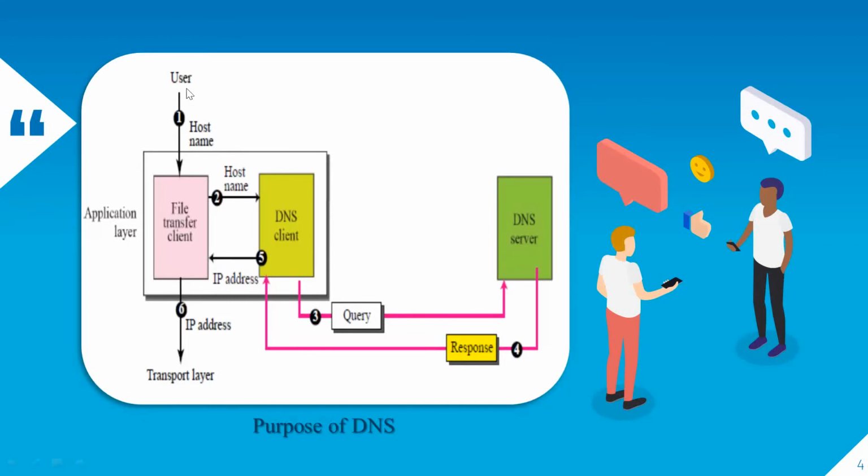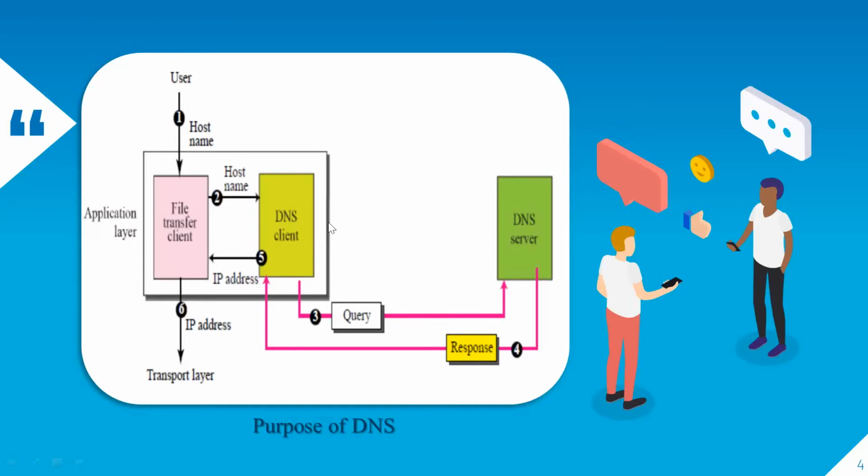The first step is that the user passes the host name to the file transfer client. In the second step, it passes the host name to the DNS client. From the DNS client, a query message is sent requesting the corresponding IP address of the file transfer server.